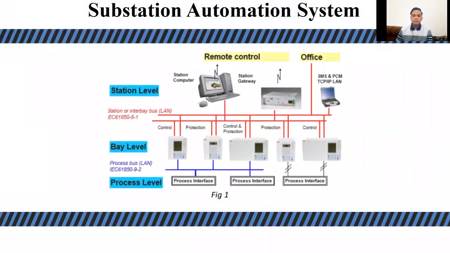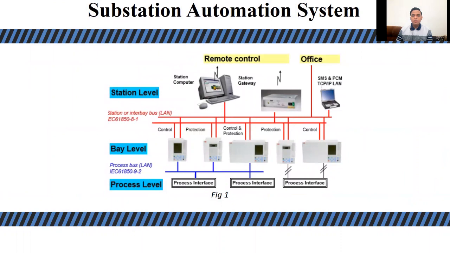A substation automation system is a computerized substation system equipped with an IED bay control unit or BCU, IED protection, server, gateway, and local HMI, with automatic installation maneuverability using the standard IEC protocol. SAS, or substation automation, is divided into bay level, station level, and process level.